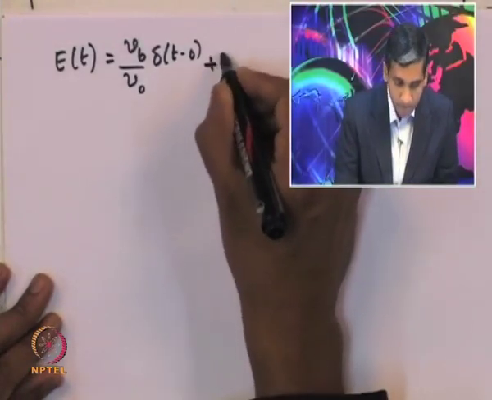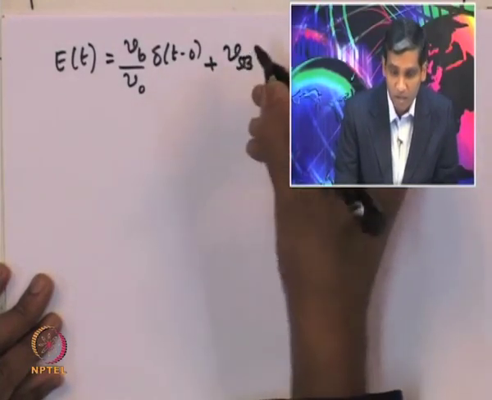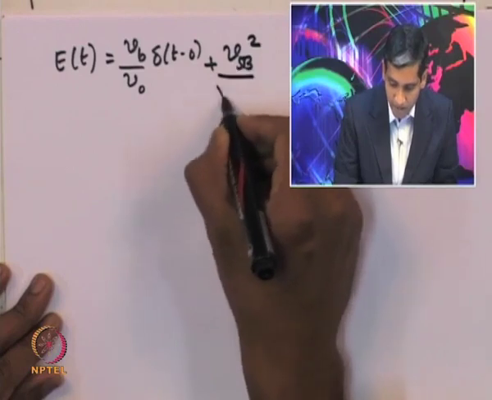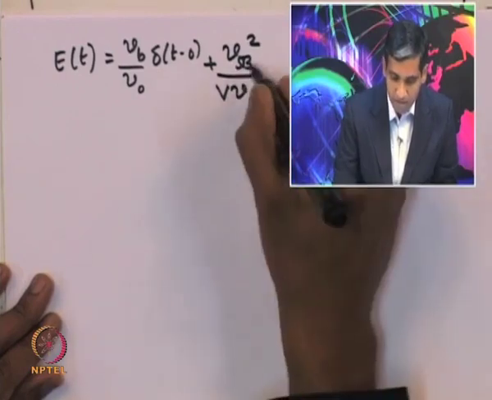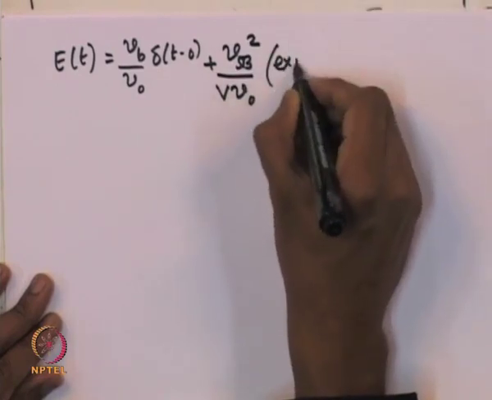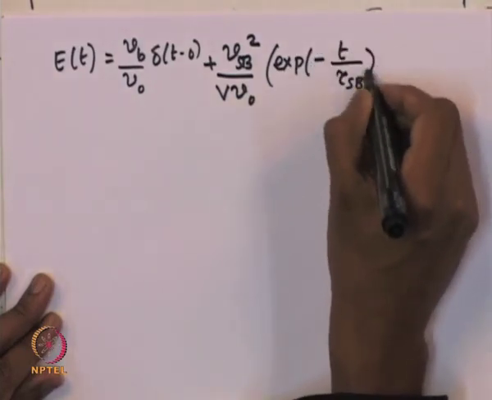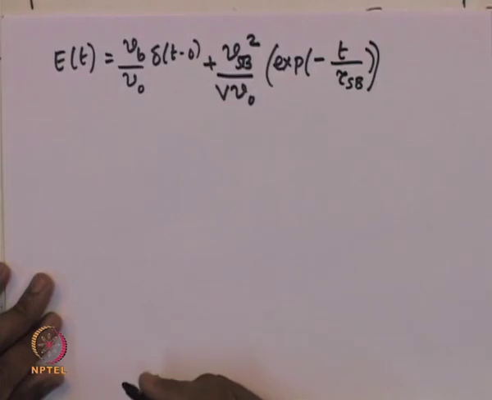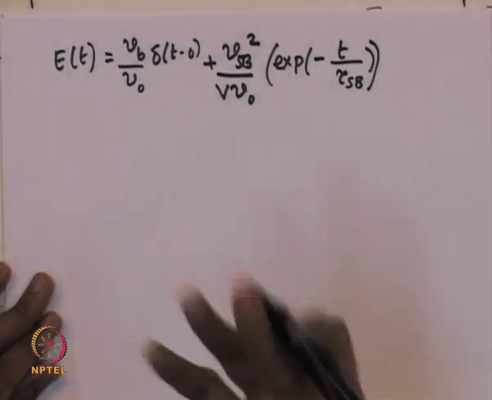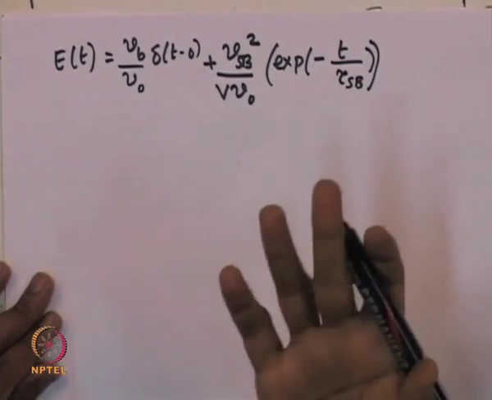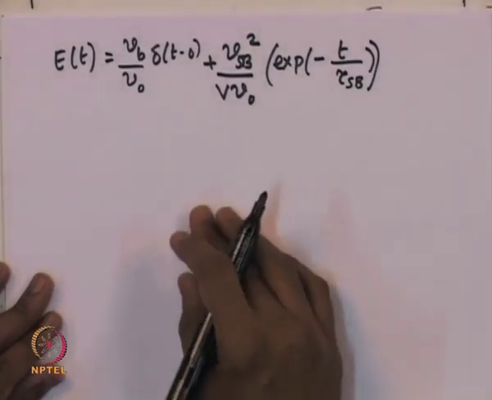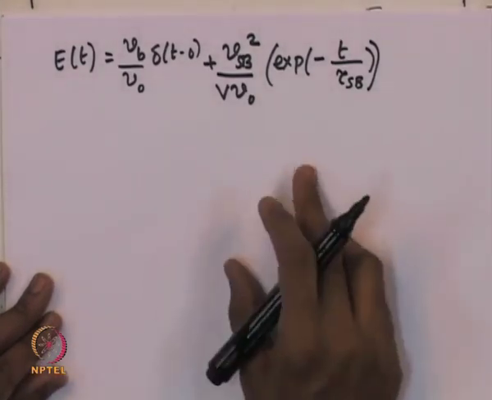That plus VSB squared divided by V into V naught, multiplied by exponential of minus t by tau SB. That is a possible residence time distribution function that describes the residence time distribution of a CSTR which is operated along with bypassing of some part of the fluid stream that enters the reactor.